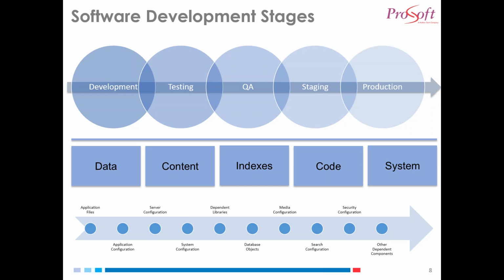As I said, we have to see this from the aspect of data and content, which is web content, media, and the product and book catalog. When we move from development all the way to production, from the concept of data, content, indexes, code, and systems, every stage of the development, every environment represents this in a very different way.